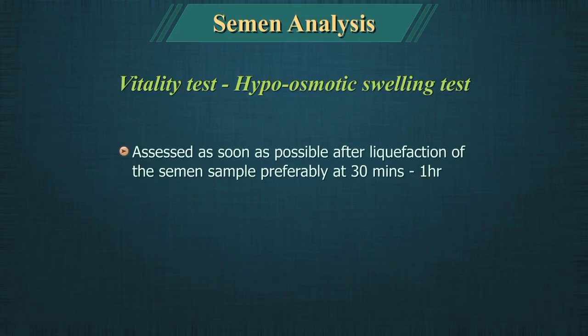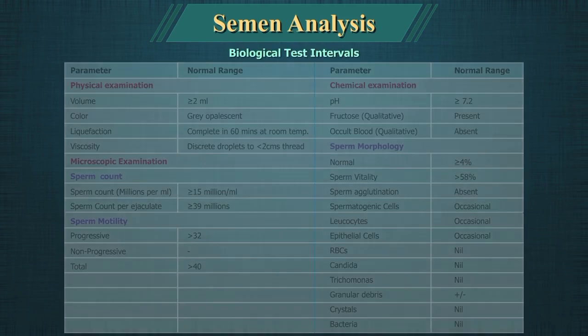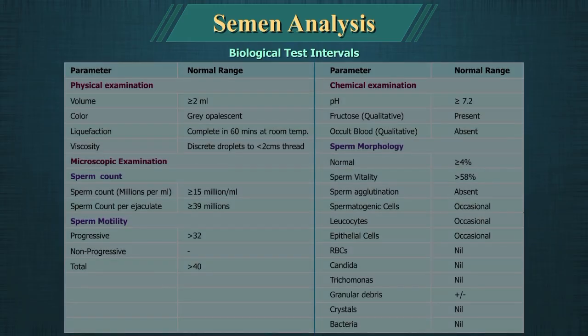Sperm vitality should be assessed as soon as possible after liquefaction of the semen sample, preferably at 30 minutes and latest within 1 hour of ejaculation to prevent deleterious effects of dehydration or changes due to temperature.